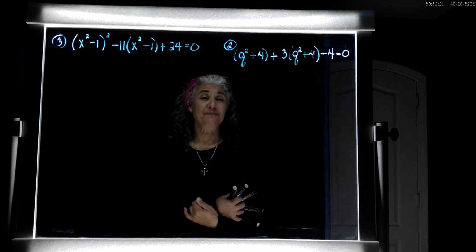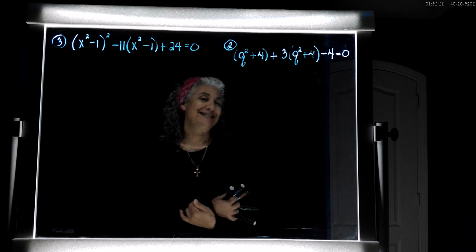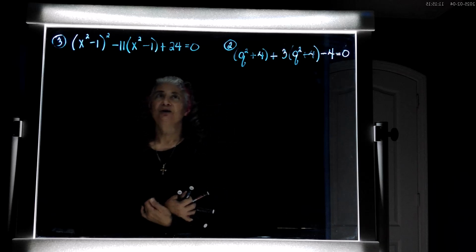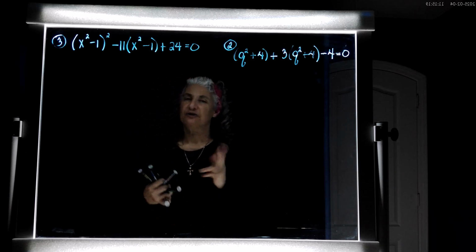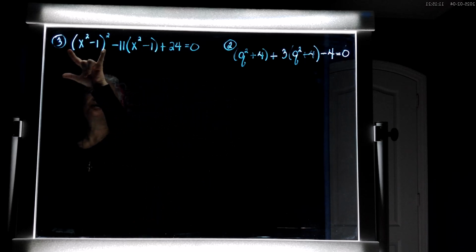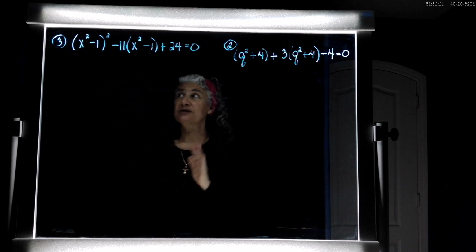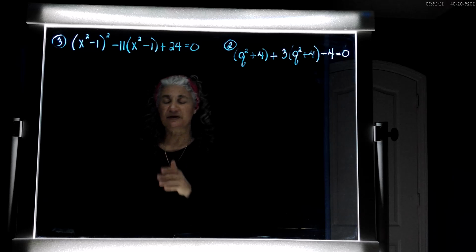Okay, last 2 problems in solving quadratic equations in nature. Okay, so take a look at problem 3. What are you noticing? Equal to 0, good. 3 terms. Term 1, term 2, term 3, right? It looks like a lot going on, but pay very close attention to those parentheses.